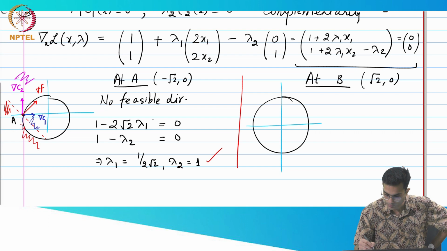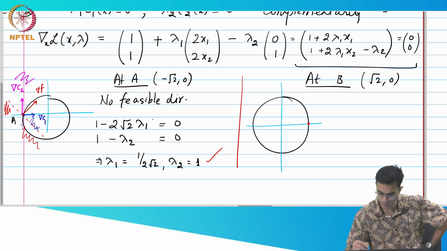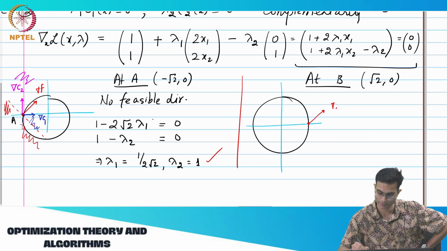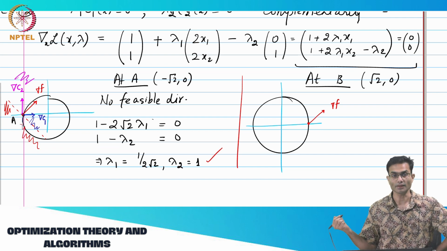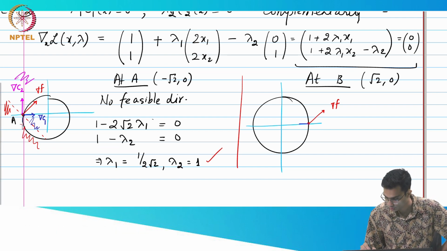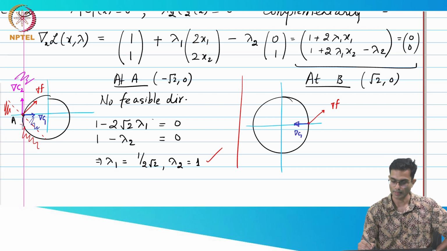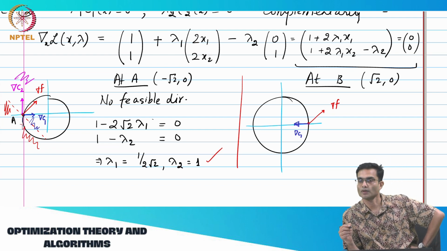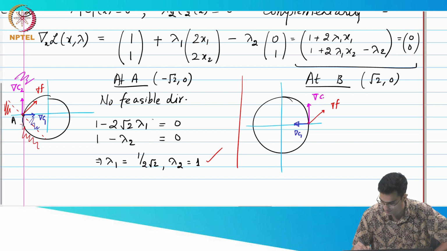Okay, and now we are sitting over here at this point. Grad f is 1, 1. This is grad f. Grad C1 is radially inwards, pointing towards the circle. This is grad C1. And my grad C2, which was grad C2? 1, 0, comma 1, right? So this guy is pointing over here. This is my grad C2.